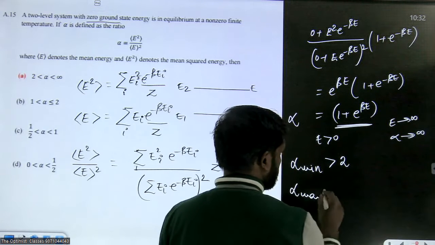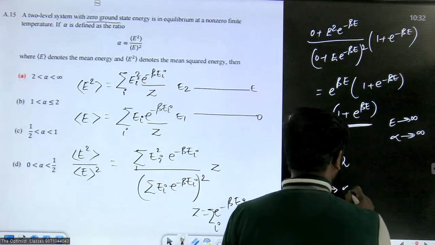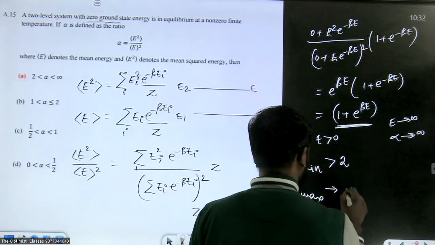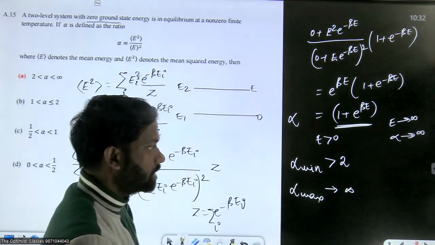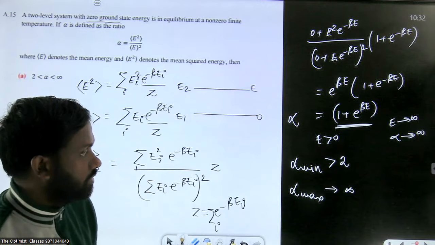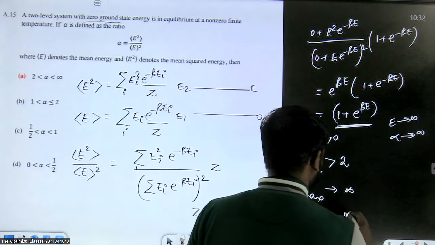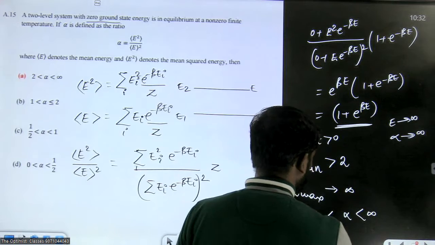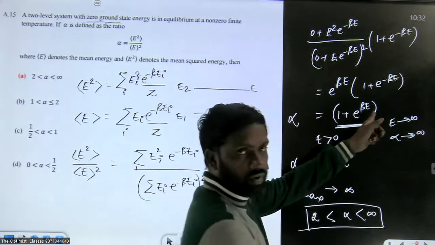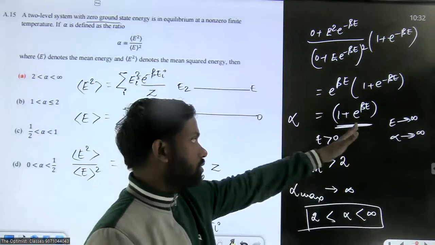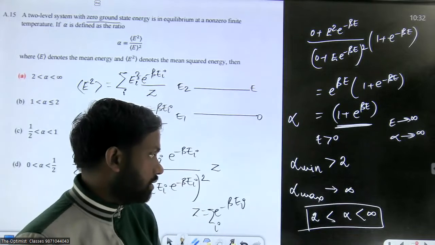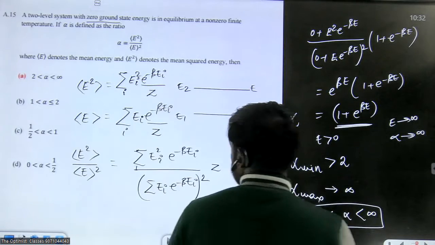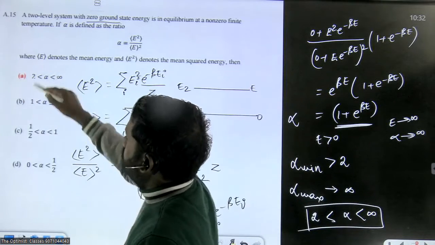Therefore we can say that alpha lies between 2, greater than 2, and infinity. If we say that E is finite, then we have to say that E is very large but less than infinity. So that's the correct answer. Therefore, this answer is correct.